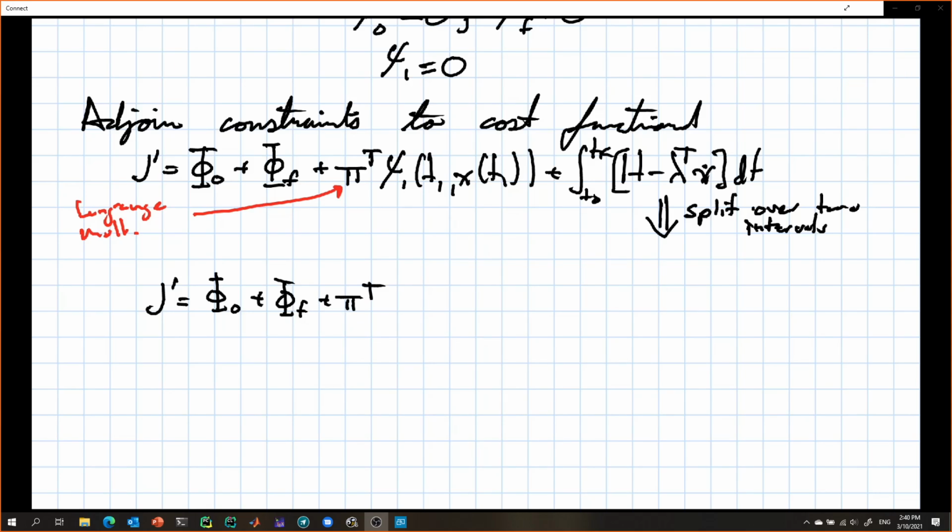So I'm just copying everything from above. Except now we have, that's copying too much. So then this is going to be T1 approaching from the left-hand side.